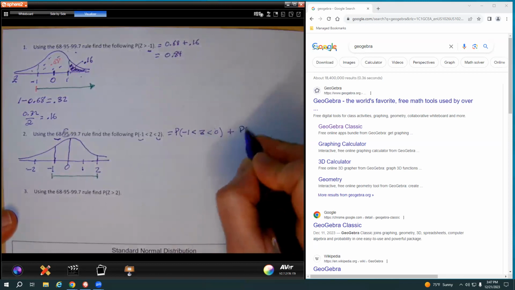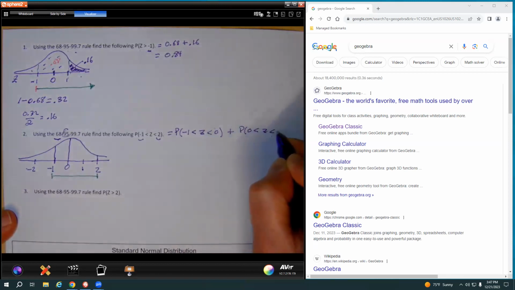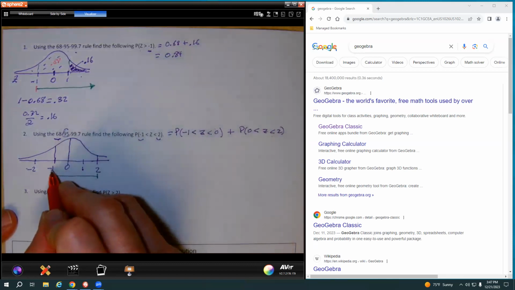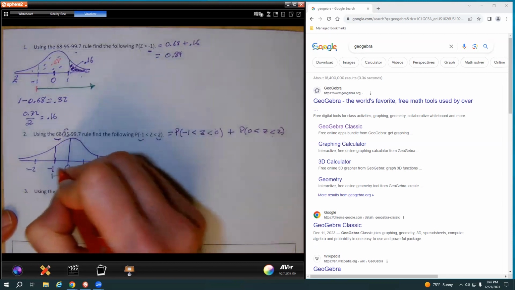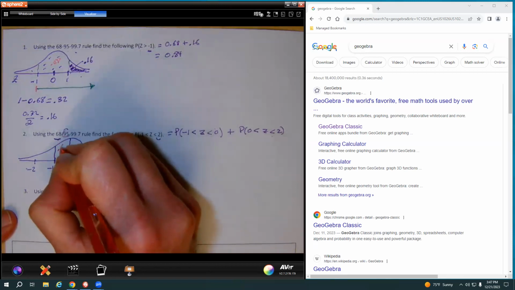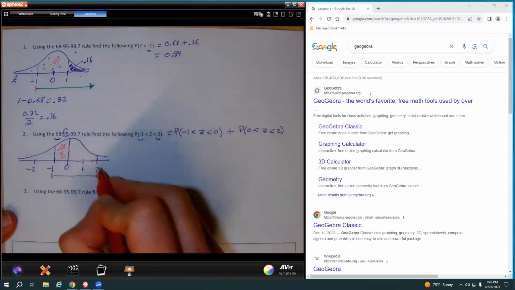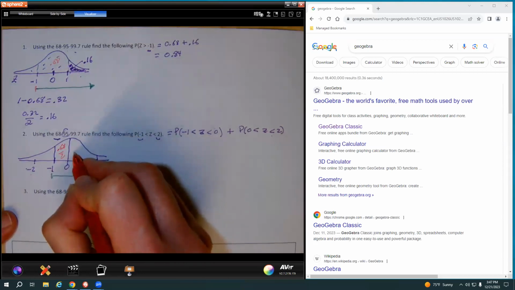And then I'm going to go from 0 to 2. You go, well, how's that going to work? Well, between -1 and 1, it is 68%. But if I go from -1 to 0, that's only half of this value, half of the 68. What about here? From -2 to 2 is 95, but from 0 to 2, it's 95 divided by 2.